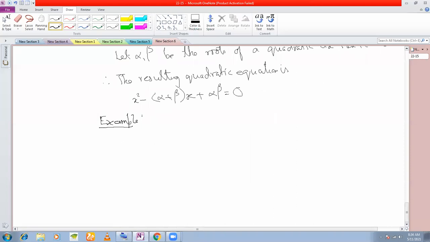Very simple one. I have given a better example in the video. Okay, it's here. Form a quadratic equation whose roots are half and minus 1/4.